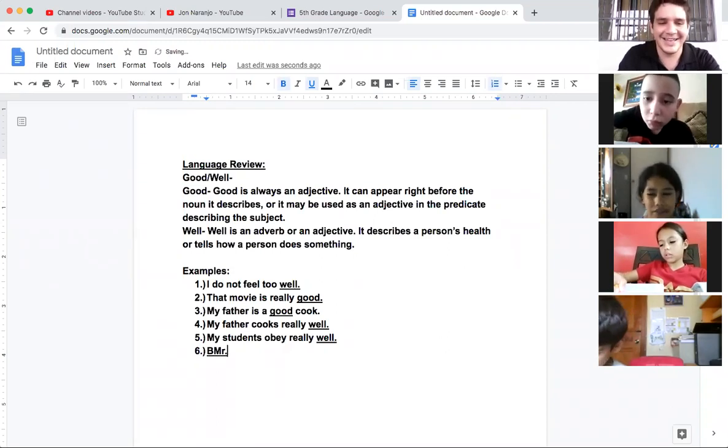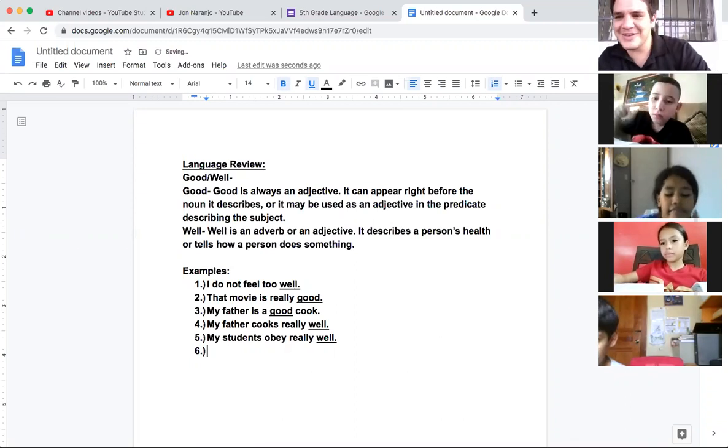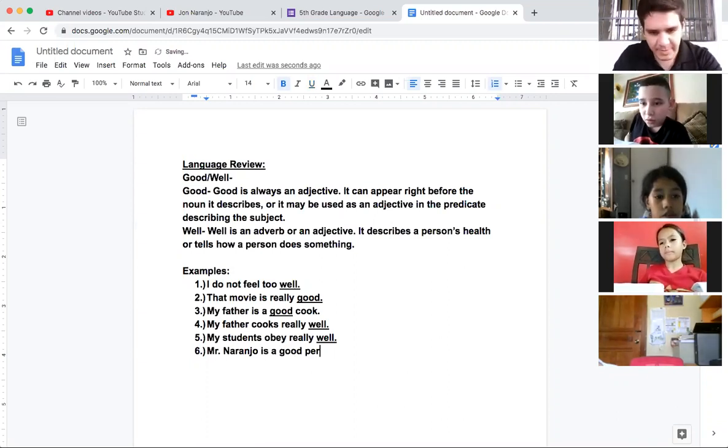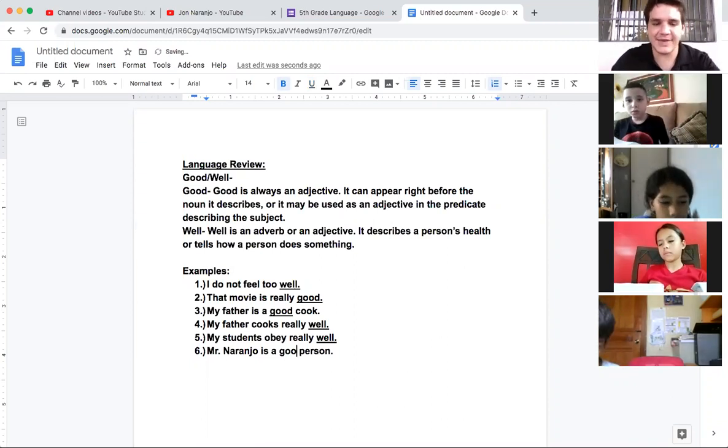Okay, good job. Way to give me good examples and using the right words. So in this sentence, we're using good because it's an adjective. It's describing the type of person I am.